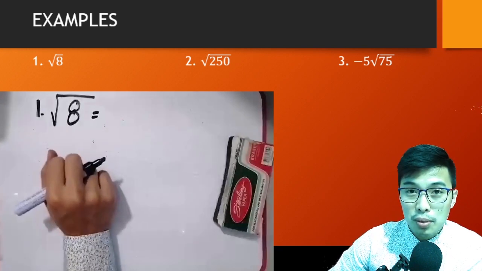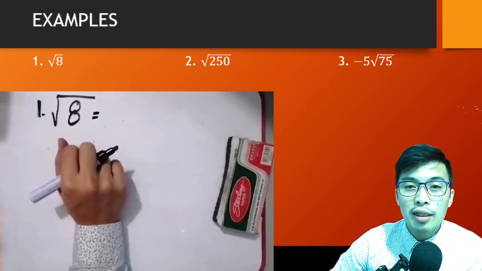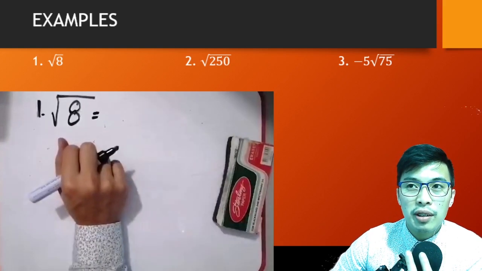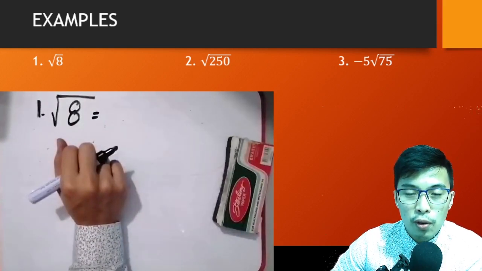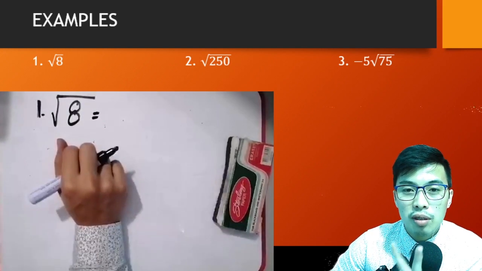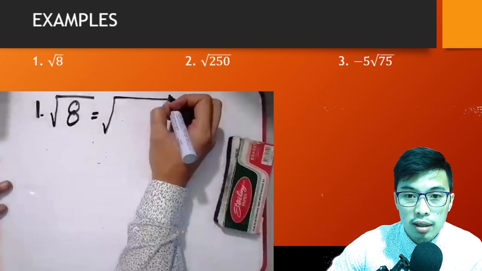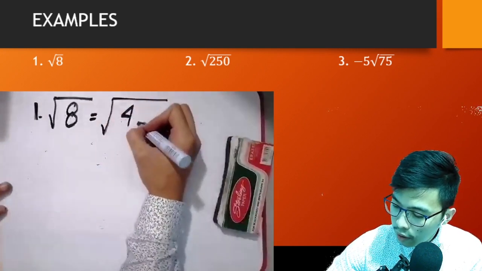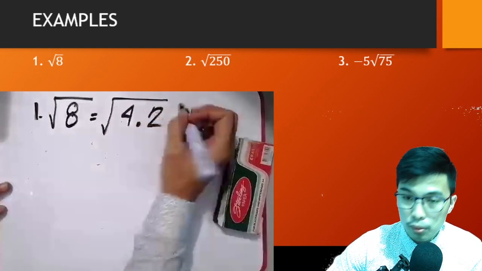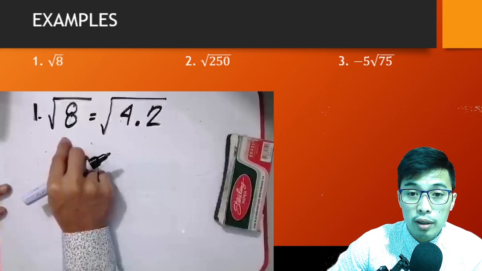So the factors of 8, which the other factor is a perfect square, are 4 and 2. So pwede natin silang isulat sa ganitong form. 4 times 2, that is equivalent to 8.